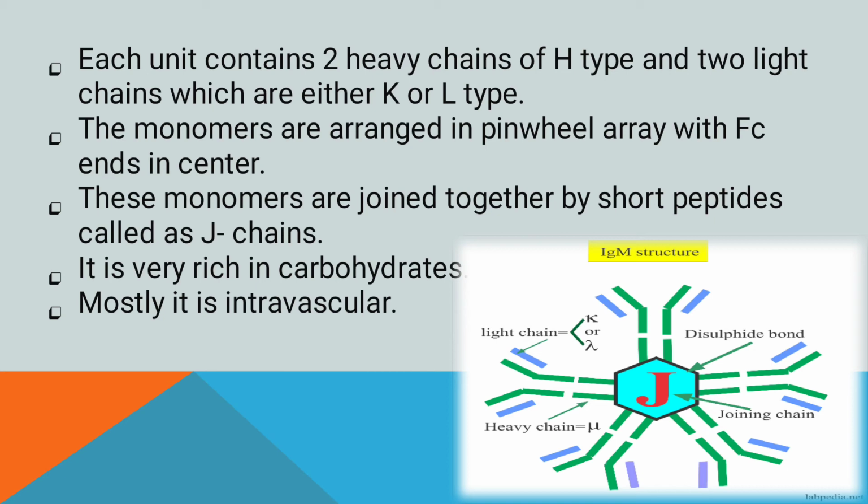These monomers are arranged in the form of a pinwheel array with the Fc end in the center. The monomers are joined together by a short peptide called the J chain. IgM is very rich in carbohydrates and we find it intravascular.